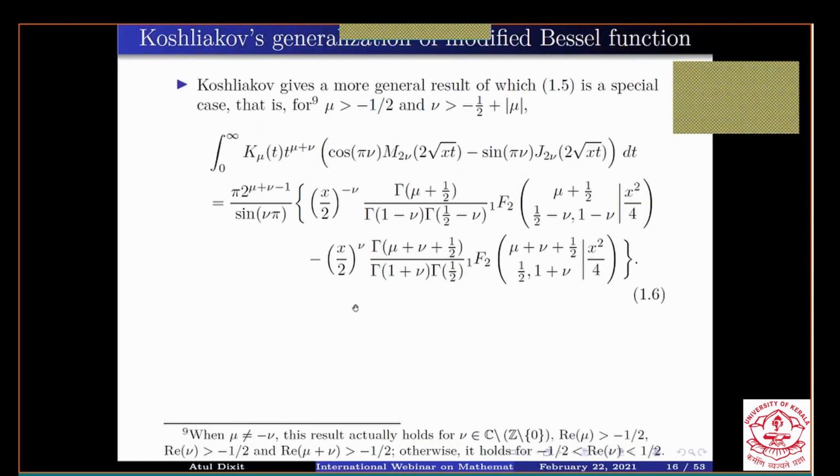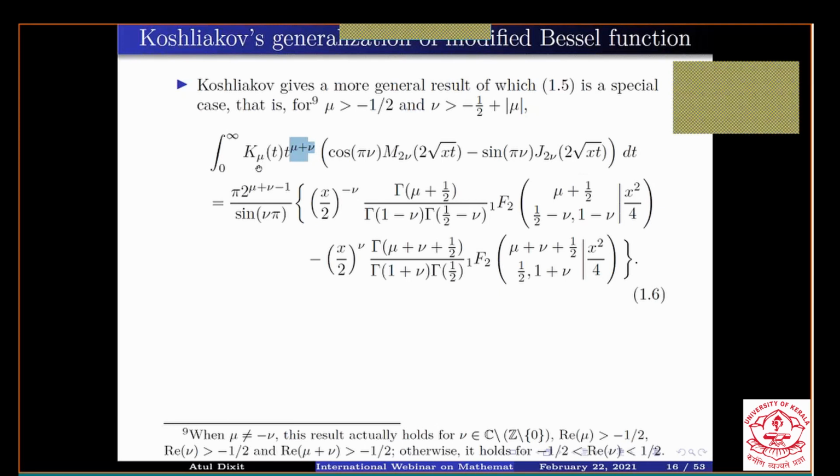Koshlikov in the same paper also generalized the modified Bessel function. Although he doesn't write it explicitly, this is the generalization, because let's say we put mu equal to minus nu. This is gone, right? This becomes 1. And you are left with only K sub minus nu of t times this kernel. This kernel is the same as what appeared in the previous slide.